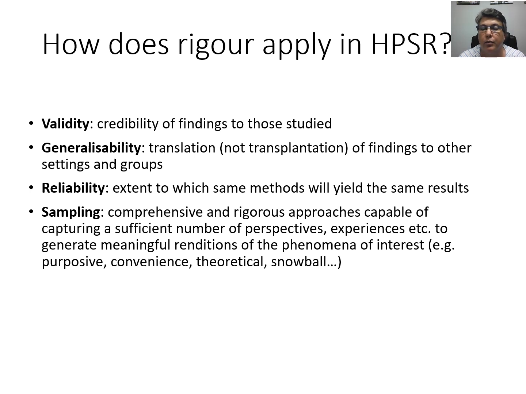That is done through, for example, purposive sampling, convenience sampling, as well as sampling based on a theoretical assumption, based on what we already know, what information is already available. We can also apply specific sampling techniques like snowballing. The important consideration here is that it is designed to capture a sufficient number of perspectives and experiences.